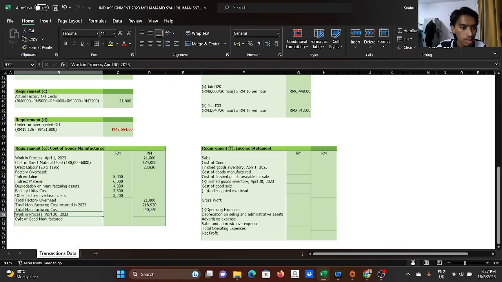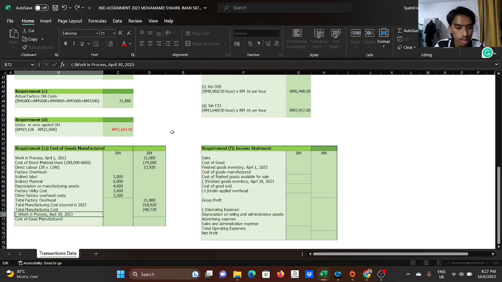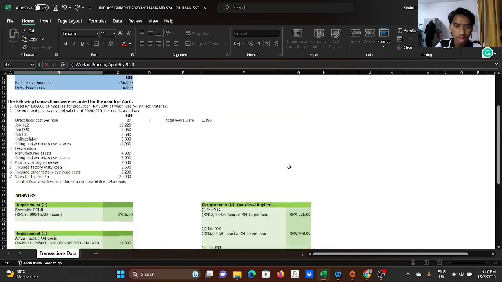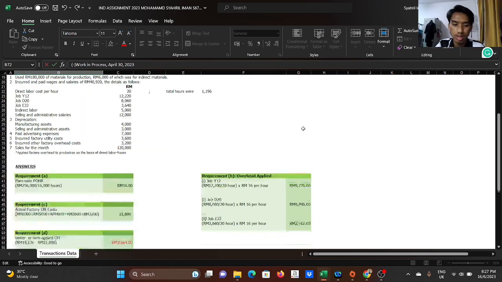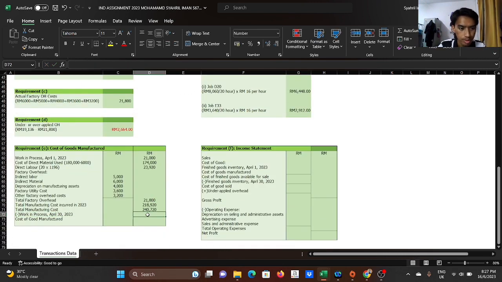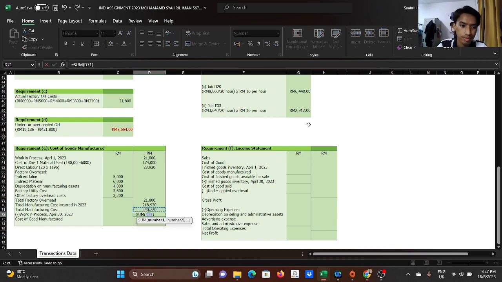Here we need to minus the amount of work in process April 30, 2023. Okay, we put the amount here.